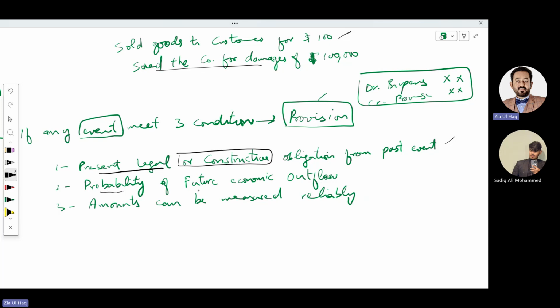Probability means if chances are more than 50%, then there is probability. And amounts can be measured reliably means how much will be the outflow in money terms. That amount is known. Obviously, that amount is 100,000. So this is meeting all three conditions of provision. So the company needs to record provision, expense debit and provision credit with 100,000.